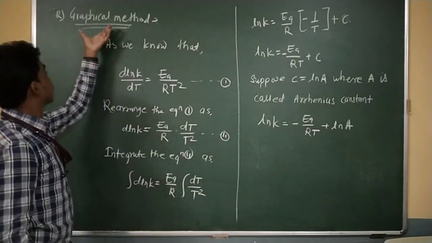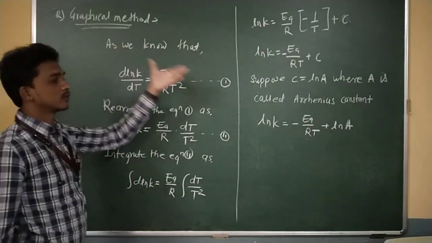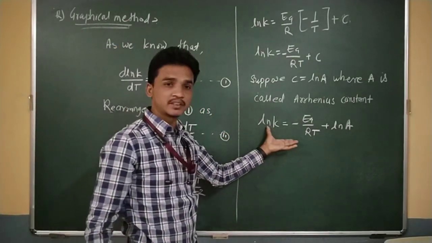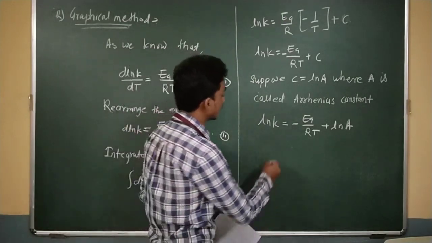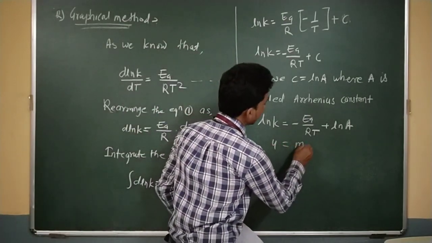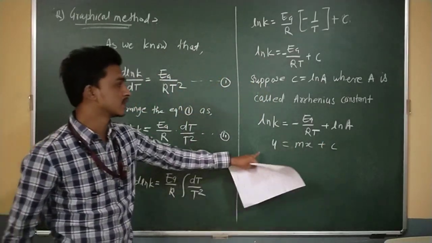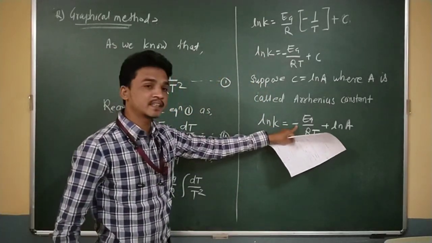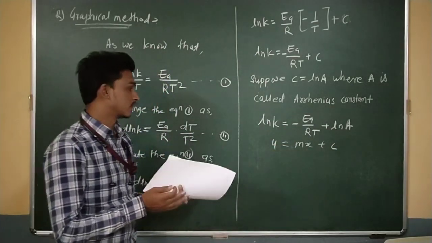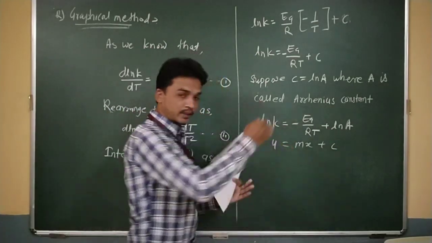If I want to plot a graph, this equation is just like y is equal to mx plus c. Of course, there is a negative sign, so the graph will be decreasing.